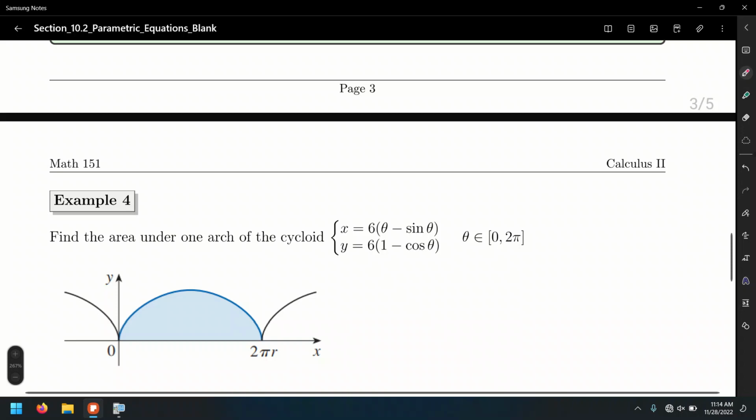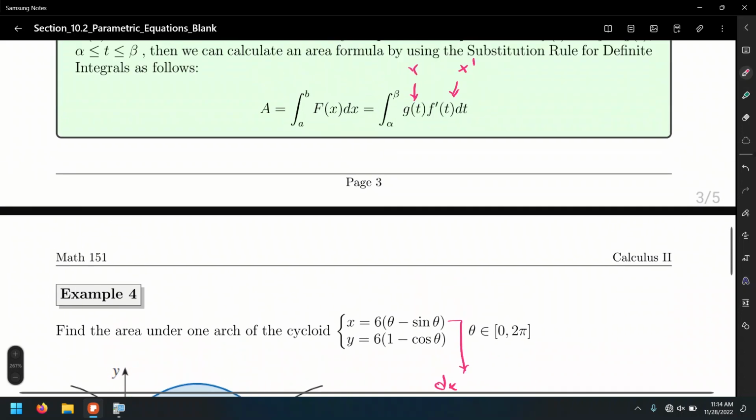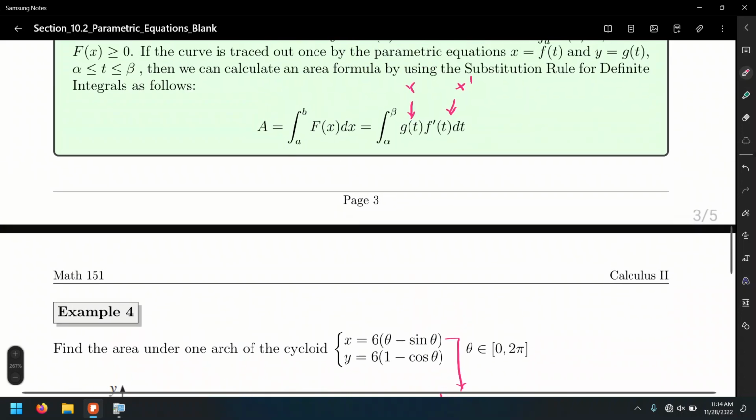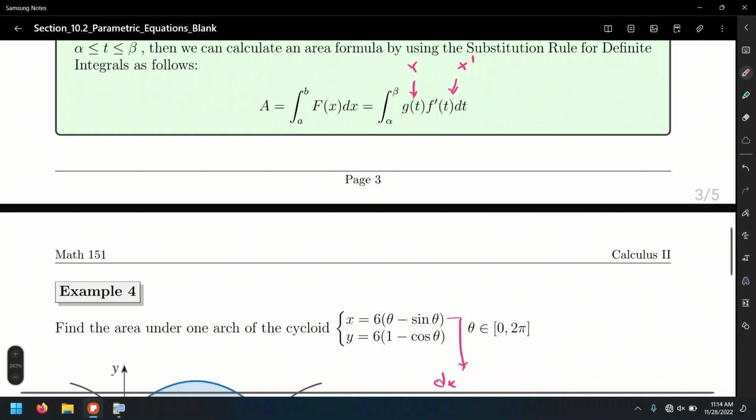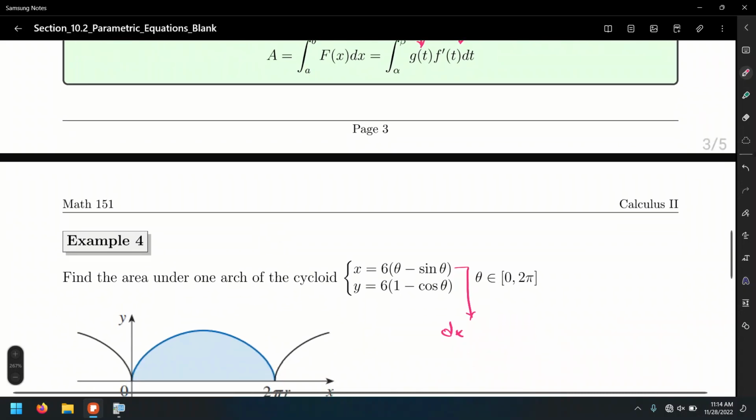And all we have to do here is find the derivative of the x equation. So let me go through the derivative of the x equation, dx. Although, check this out, although we describe these functions in terms of t, in general, when we introduce parametric functions in terms of trigonometric functions, we change it to theta.